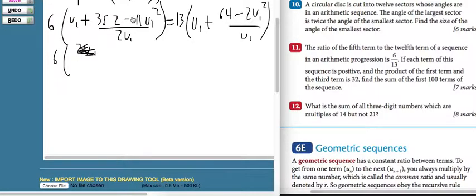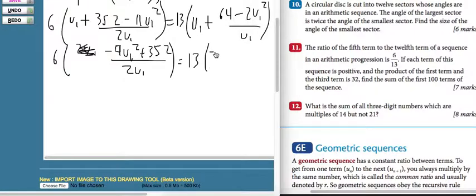So we have 2u1 squared minus 11u1 squared, we have negative 9u1 squared plus 352 over 2u1. And this equals 13 times, this is going to be u1 squared plus 64 minus 2u1 squared, so we're going to have negative u1 squared plus 64 over u1.